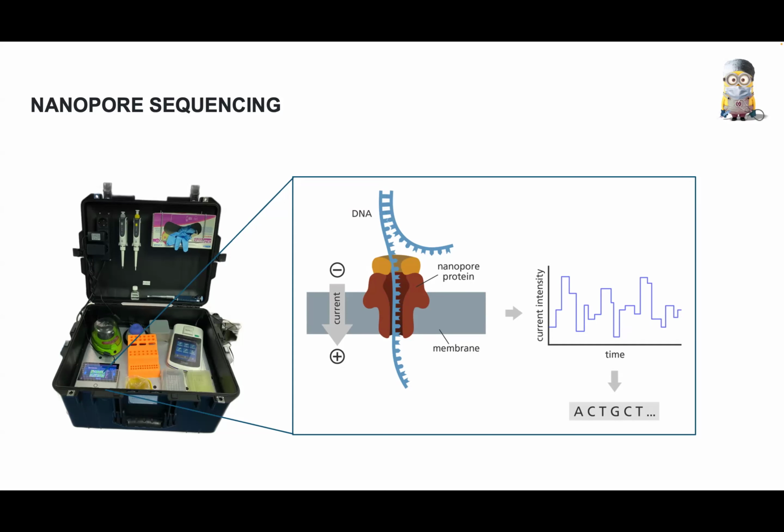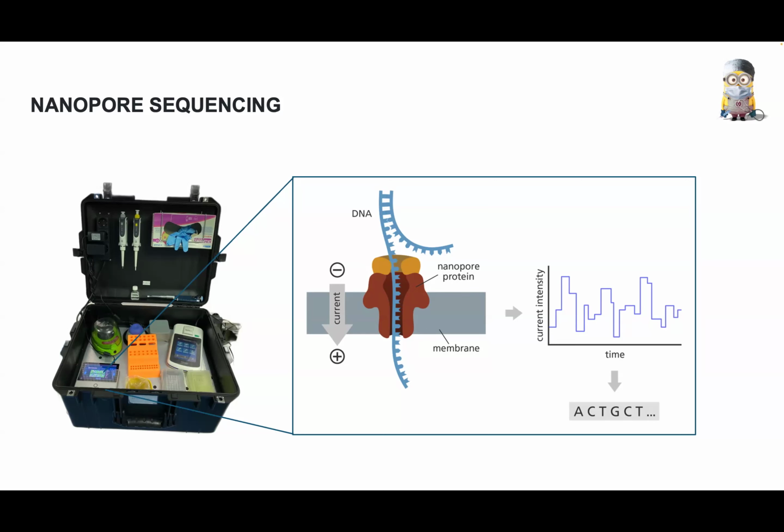So just to give you a quick overview about the method itself: inside the device, you use a flow cell. In this flow cell, you have a membrane with an electrical current. Inside this membrane you can see those pores.